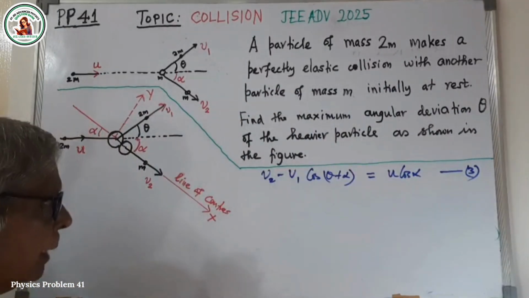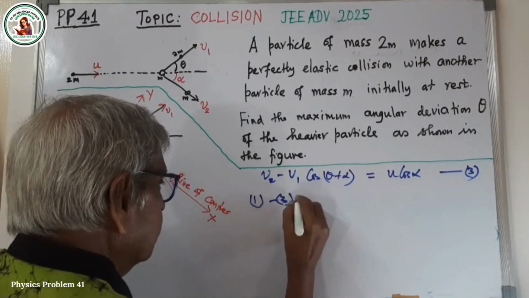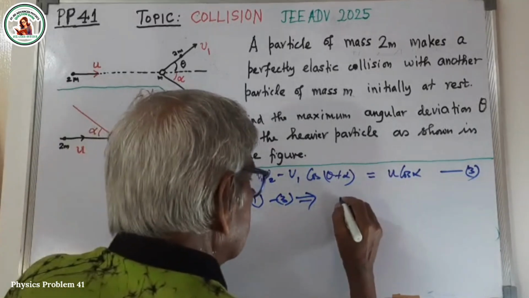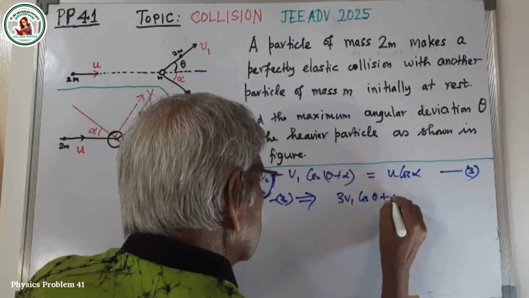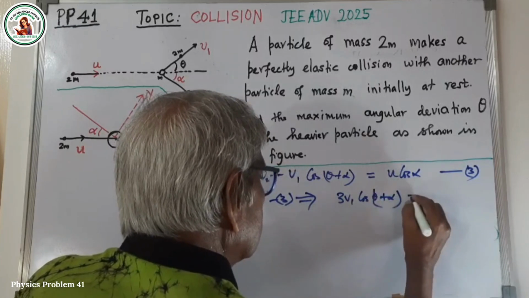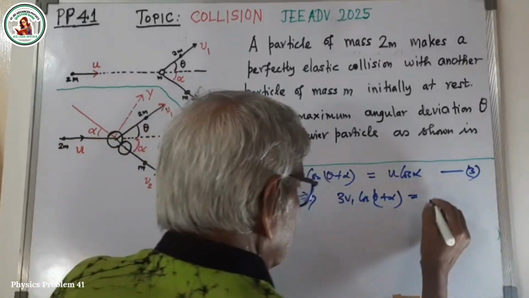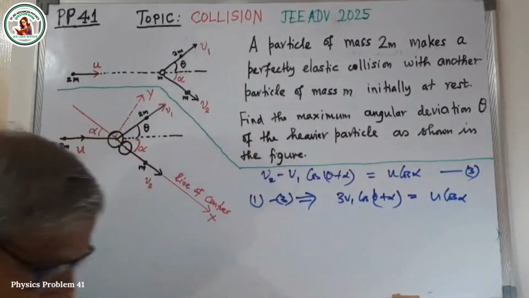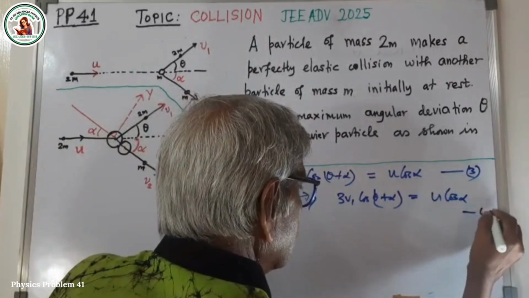Now we write 1 minus 3. Equation 1 minus 3 gives us 3v1 cos(theta plus alpha) is equal to u cos alpha, which we call equation 4.